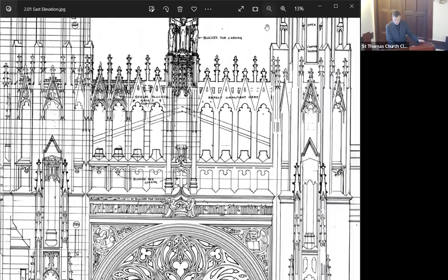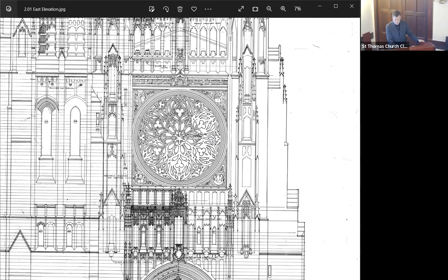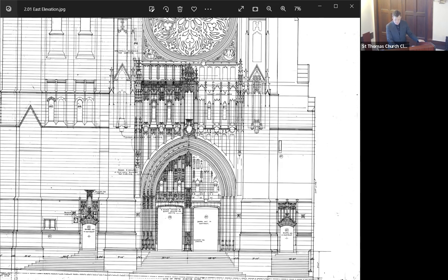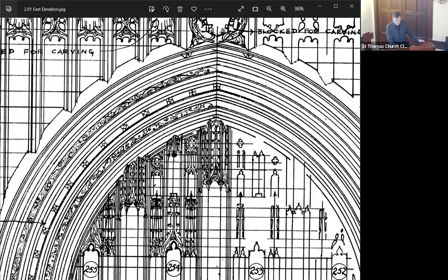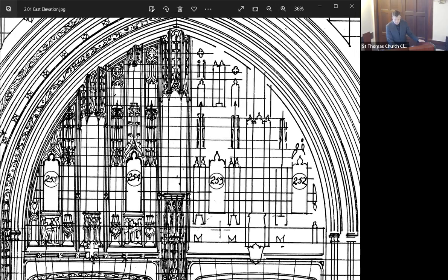You look downward at the archway again, and you'll see that all of the little spaces are meant to have things in them, and these are numbered, but I can't find out what these numbers were. My consideration is that these numbers indicated there was a design for some statues to be in these particular places, but in all the other places that statues are appointed, there was no plan.